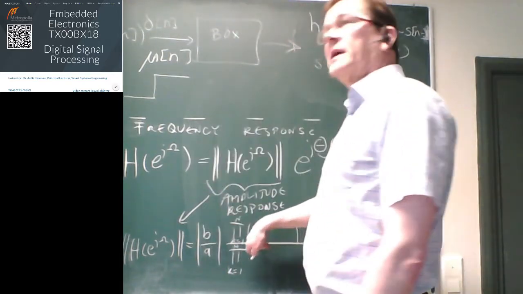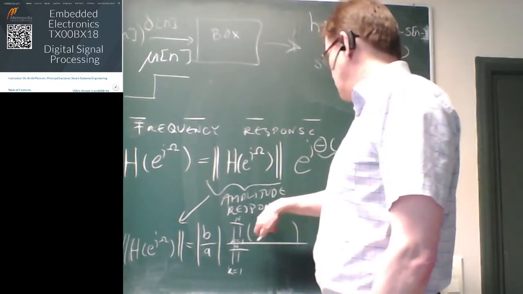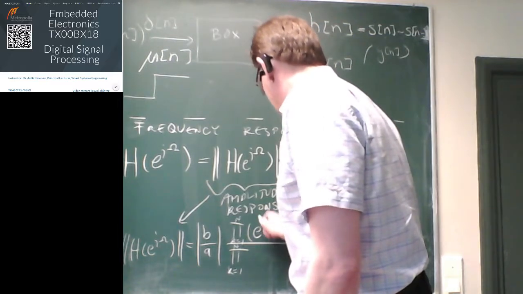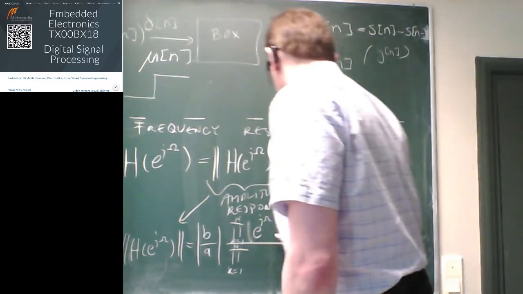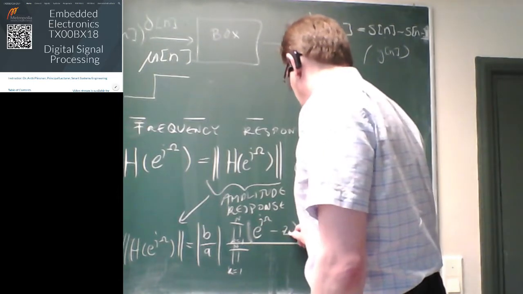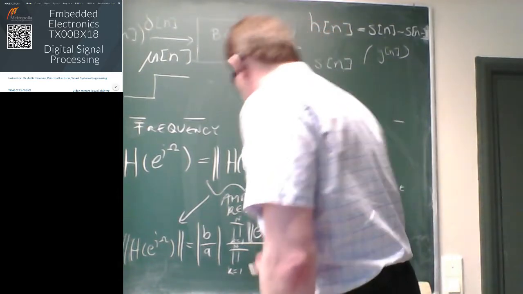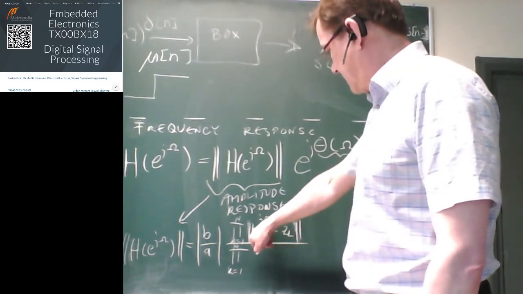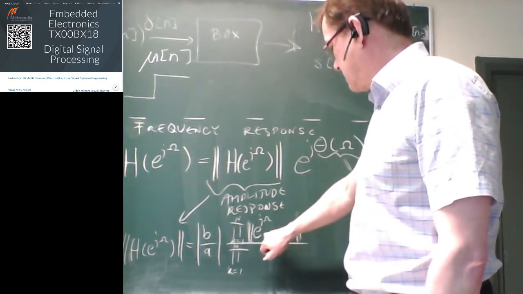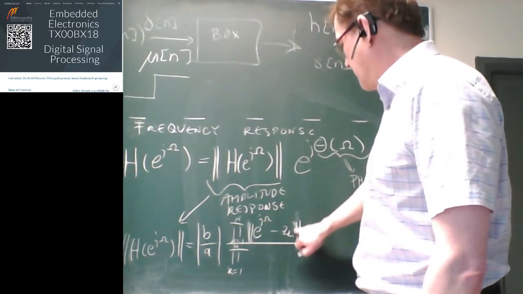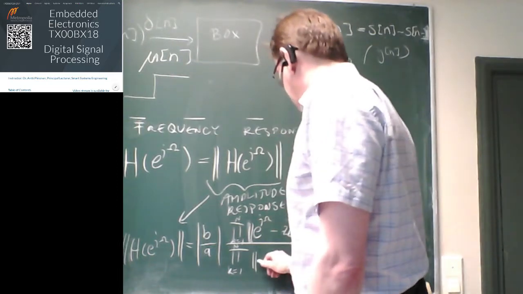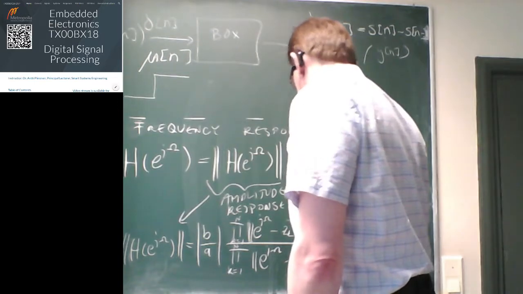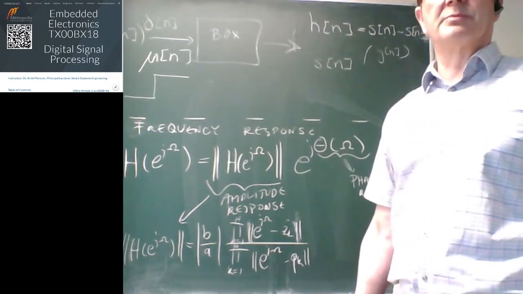Here we have z minus z_k, meaning z minus the zero positions, and here we have e to the j omega minus z_k. And this is the distance of a point on the unit circle and the zero location. And then that is divided by the distances to the pole locations, and that is a product.